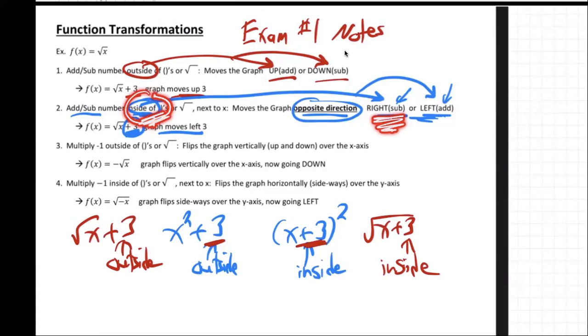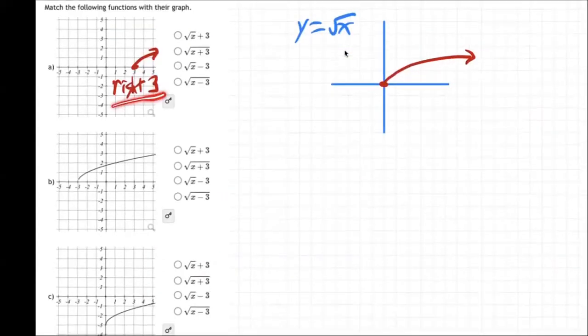Inside the parentheses or square root, inside subtract is right. So this one: oh, that 3 is subtracted inside the square root. It's not this one because this one's subtracted outside of the square root. Inside the square root makes right or left, and it's opposite, so negative is right.